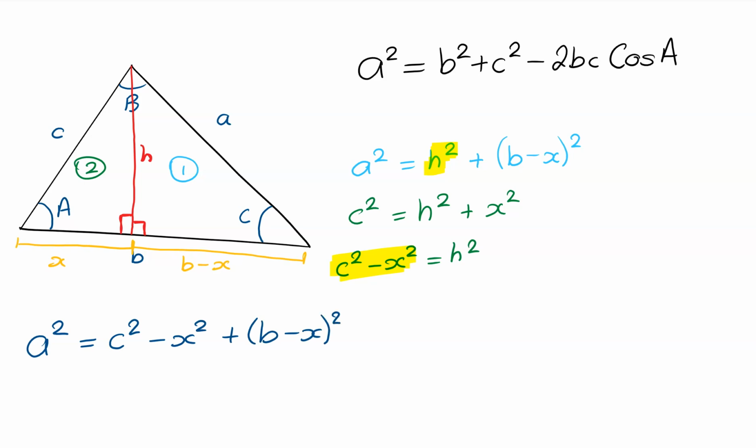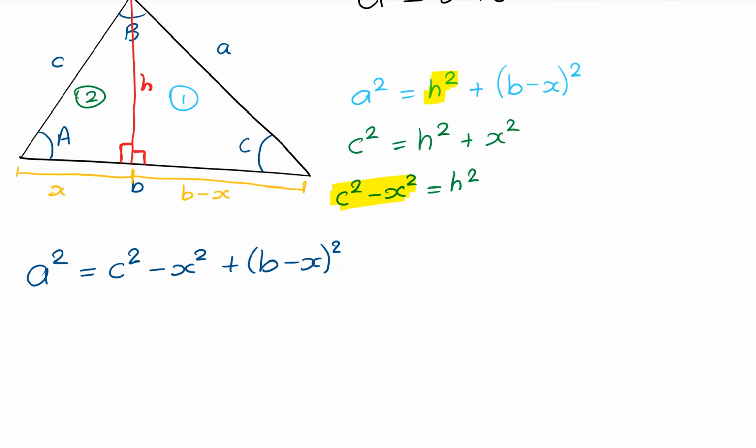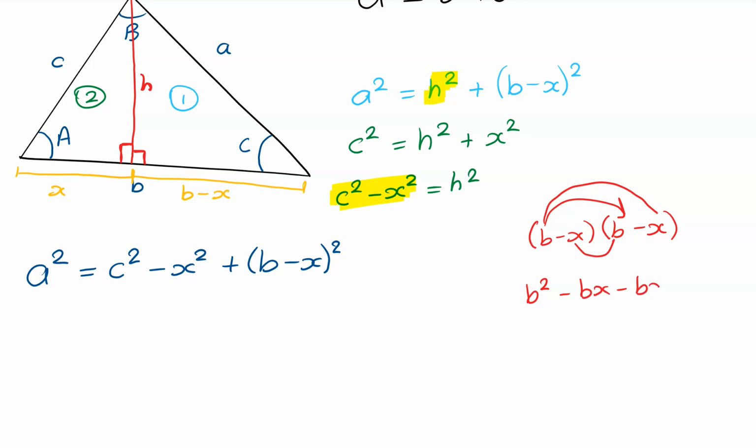And we'll expand this (b minus x) squared. I'll do it on the side over here, so it's easier. We have (b minus x) multiplied by (b minus x). We go through our method of FOIL. First, b times b is b squared. Then the outsides, that's negative bx. Then the insides, that's negative bx again.